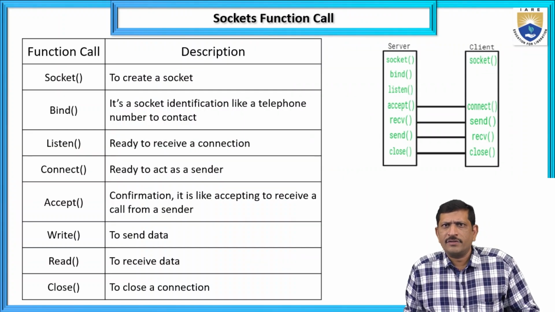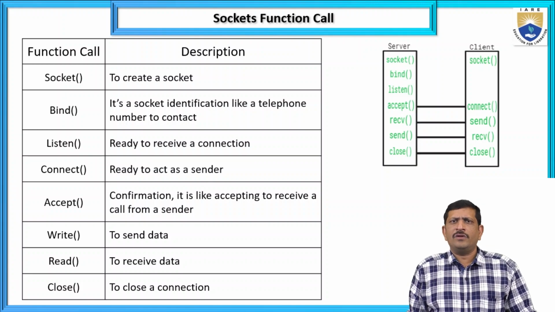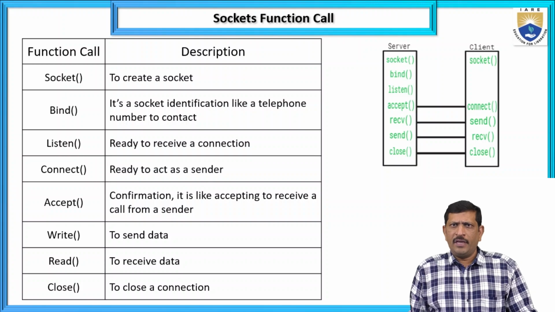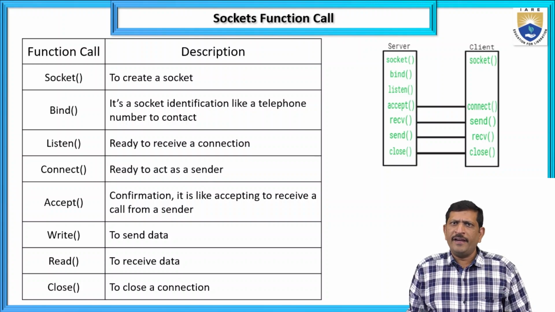Socket function calls. Socket creates a socket, and bind is the socket identification, like a telephone number for contacting. It binds both the IP address and port number at the server side and receiver side, that is, server side and client side, both sender and receiver.